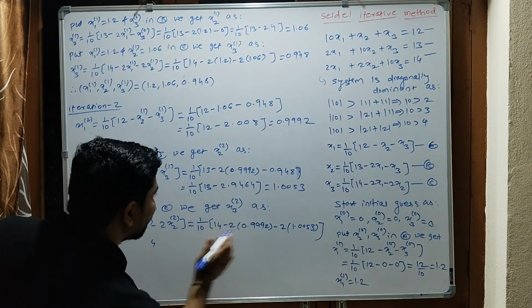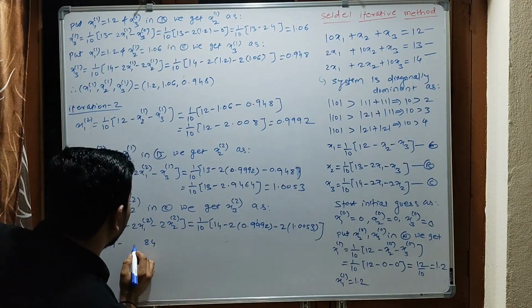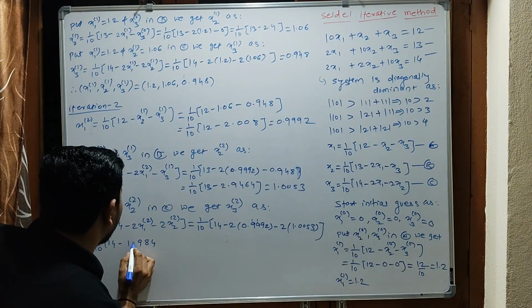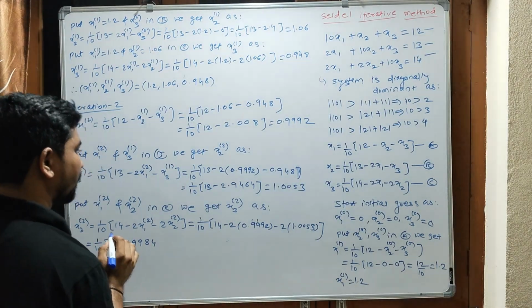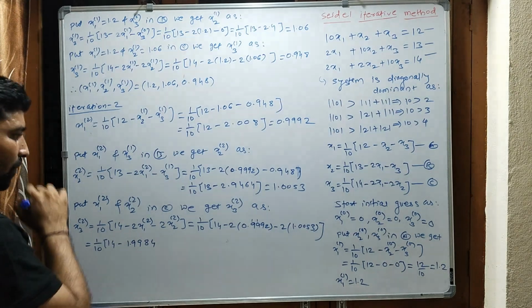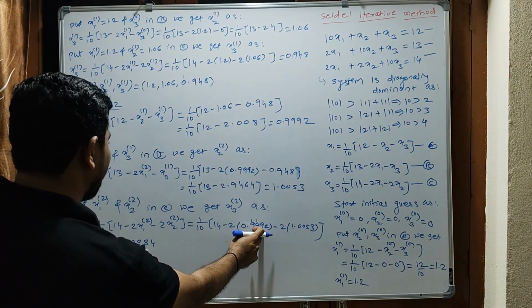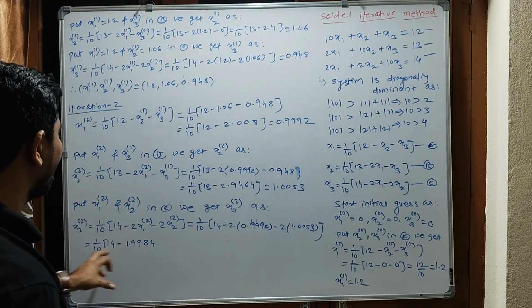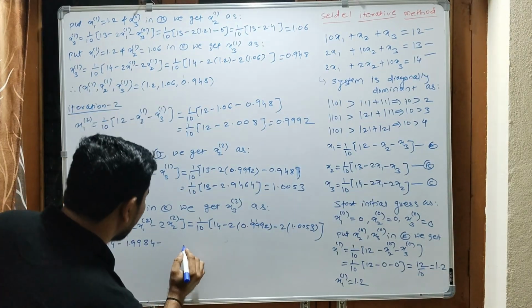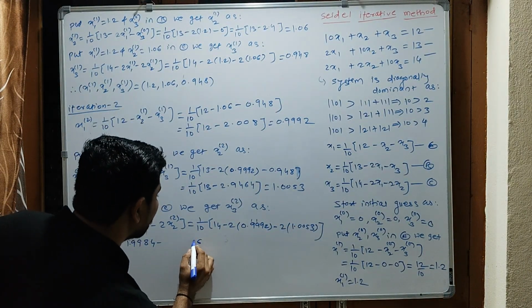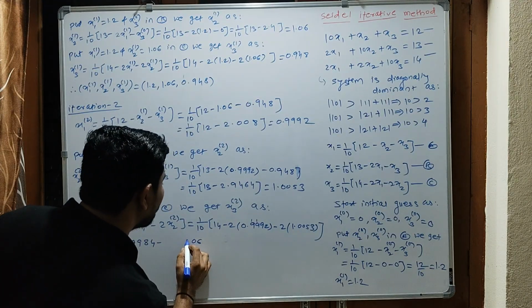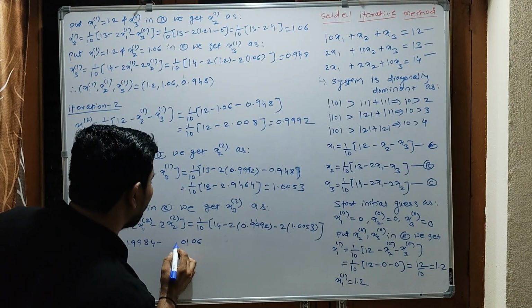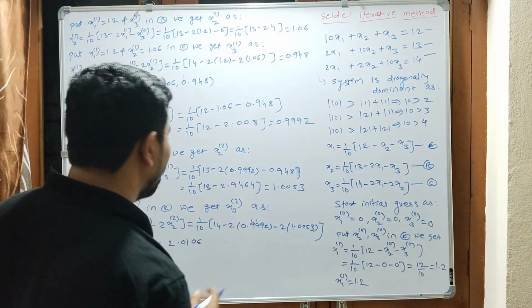Here 2 times 0.9992 is 1.9984, and 2 times 1.0053 is 2.0106. Adding these and you can calculate after 4 digits.